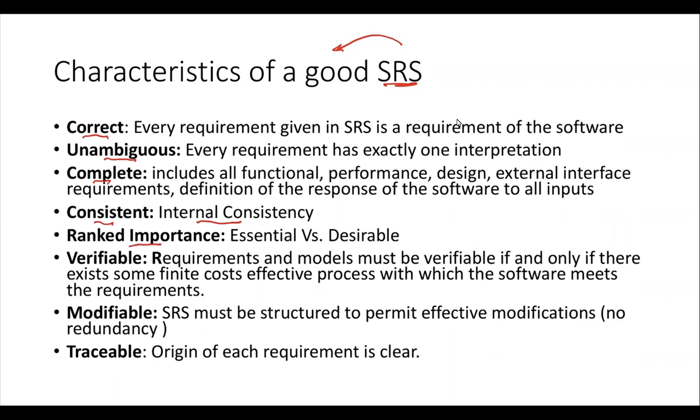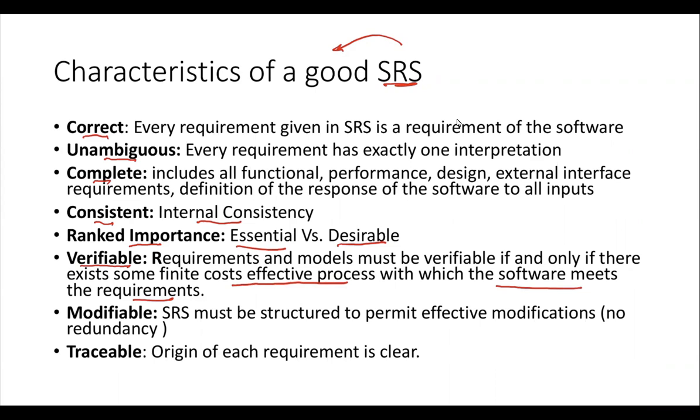For ranked importance, you should have information about which requirements and components are essential versus which ones are desirable. The SRS should be verifiable before you proceed to the design phase, meaning all the requirements and models that have been elicited must be verifiable. This can be guaranteed if and only if there is some finite, cost-effective process with which the software can be shown to meet the requirements.